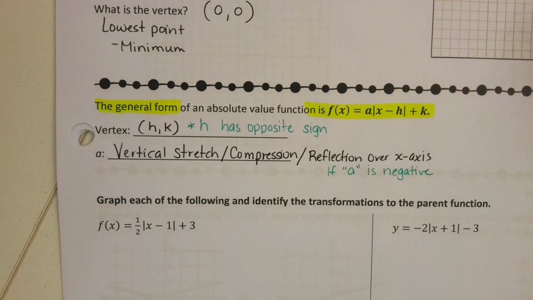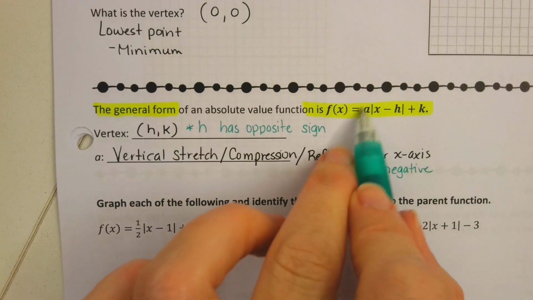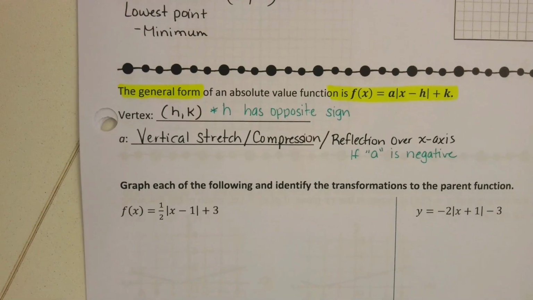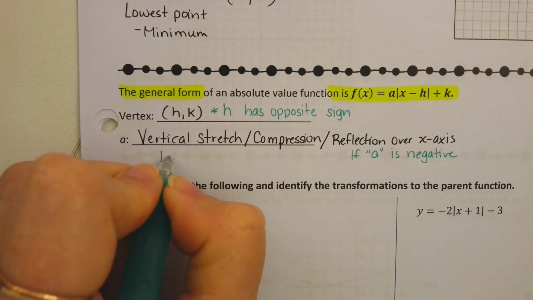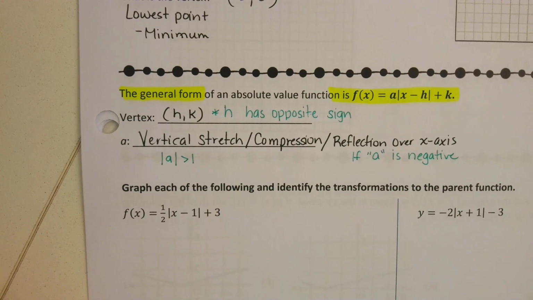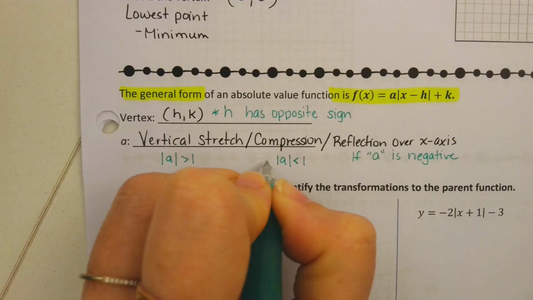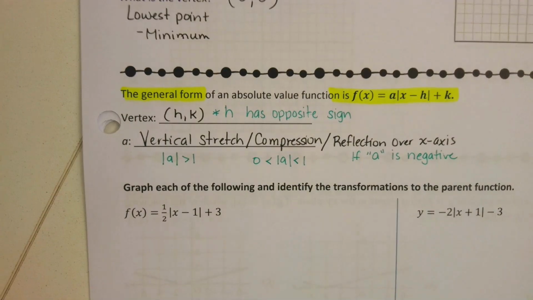And then based on just the number part, that's how we can tell if it's a stretch or a compression. When I say the number part, you're kind of thinking about the absolute value of this number, so not the sign itself. So if the absolute value of A is greater than 1, it's going to be a vertical stretch. So that would be like a 2 or a 3 or a 4 or something like that. If the absolute value of A is between 0 and 1, then it's going to be a compression.